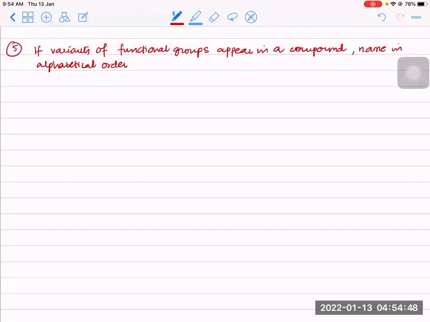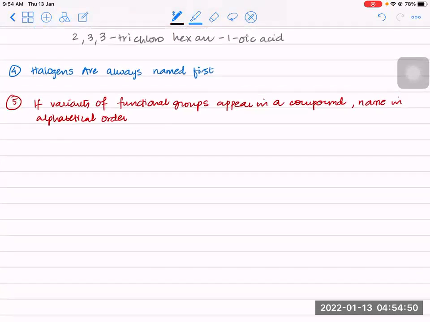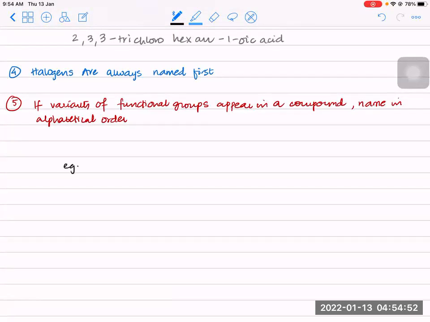For example, if you have this, you have 6 carbons in the main chain.